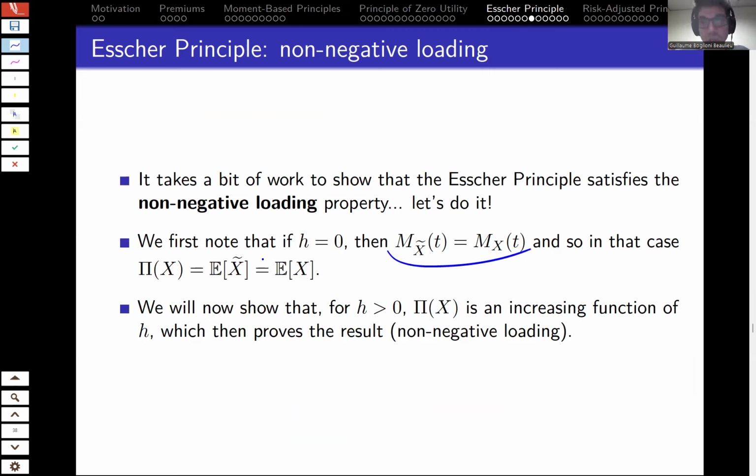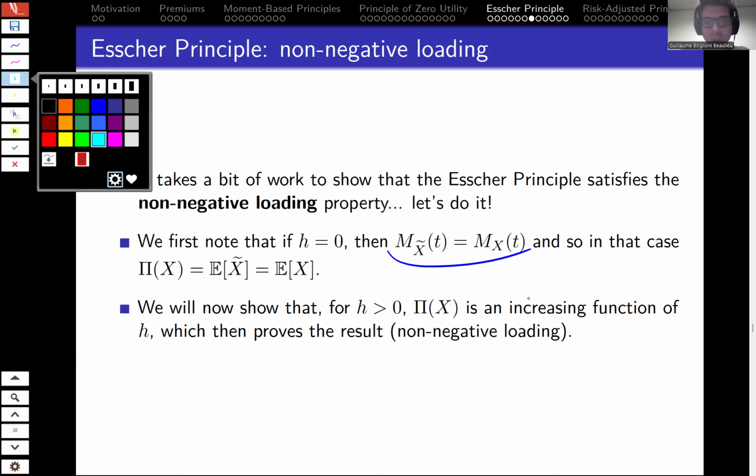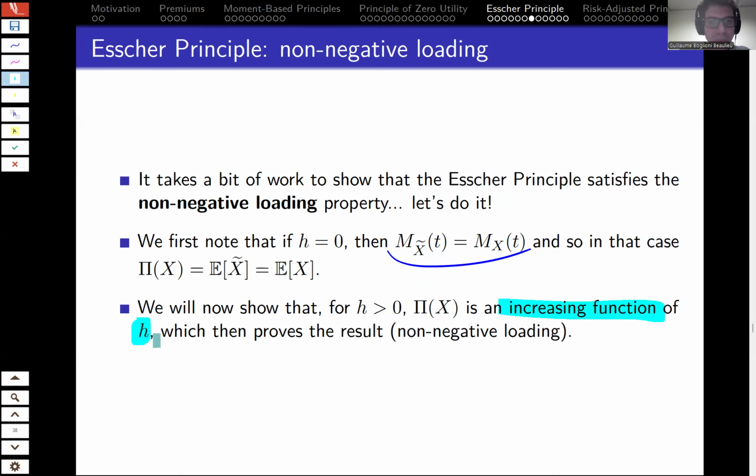And then the trick is that we will show that as long as h is strictly positive, pi of x is an increasing function of h. But this then proves the result, because if you visualize here, pi x is a function of h. So to make that clear, I'm going to add a little h here.